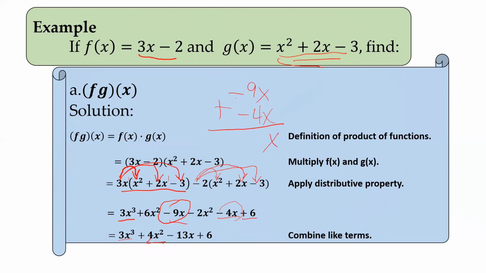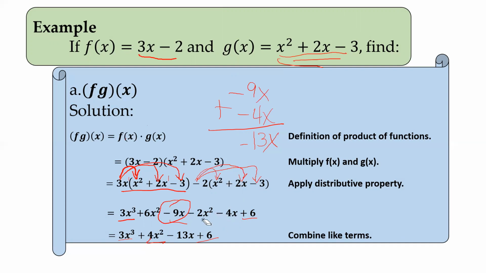When we add negative and negative, we are going to add the number and copy the sign. So, when we add the number 9 plus 4, that is 13, then copy the sign negative. So, the result is negative 13. So, negative 13x siya. Therefore, bring down lang natin si positive or si plus 6 kasi wala naman ibang may constant na walang variable, si positive 6.